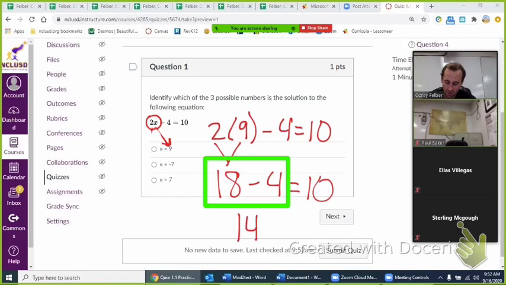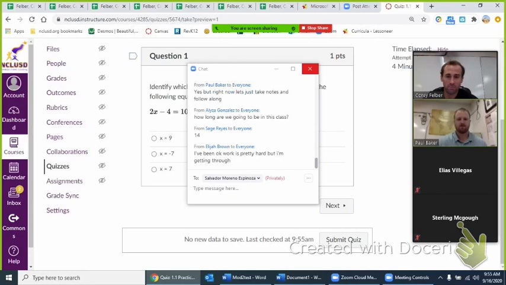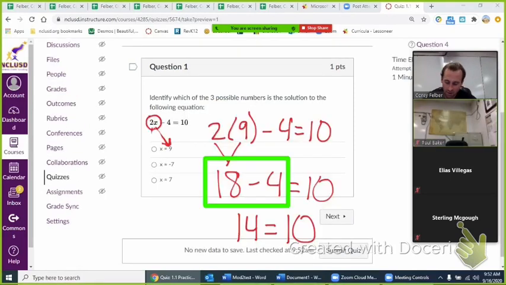Now my question to you, Sage, does 14 equal 10? Are 14 and 10 the same? Might be the easiest question I ask you all year. Are 14 and 10 the same number?